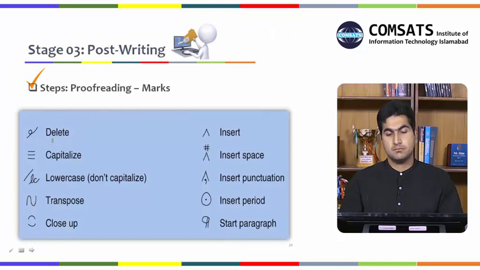Now this is very helpful for you to remember in case you are required to proofread any document which has been finalized based on the post-writing strategies of responding, revising, and editing.